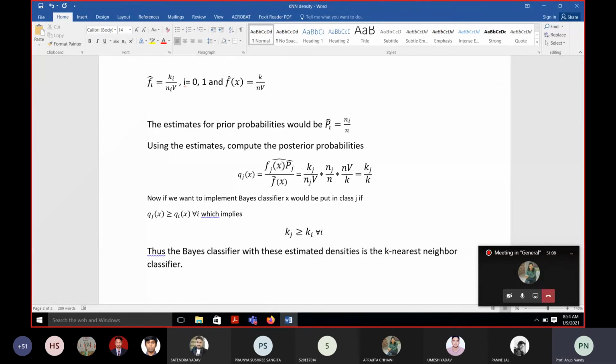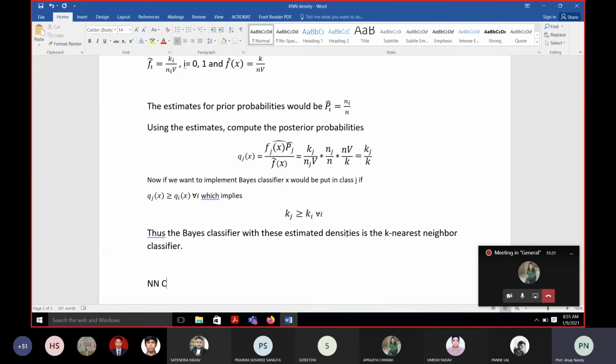So now here another important thing is in terms of the complexity, this nearest neighbor classifier, we can simply write NN classifier.